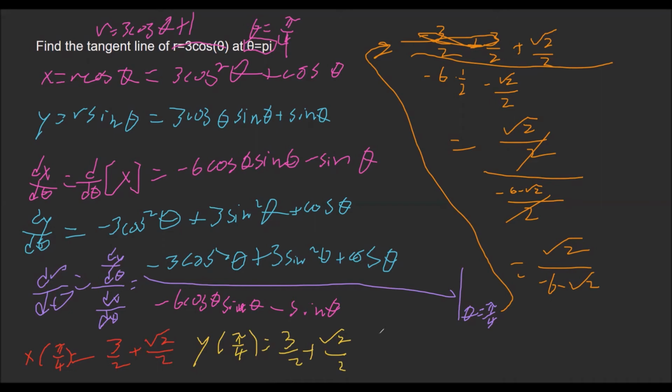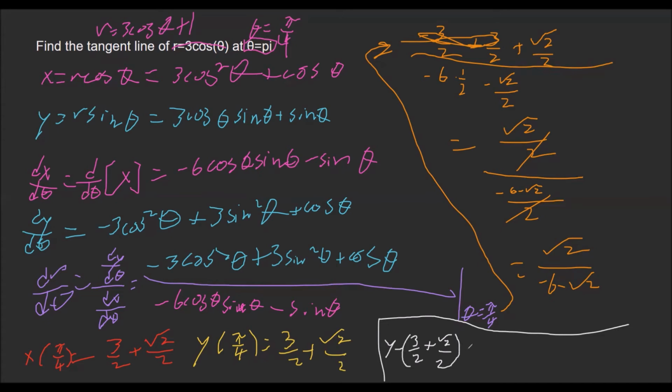So our final answer, as in our actual tangent line, is going to be y minus 3 over 2 plus root 2 over 2.